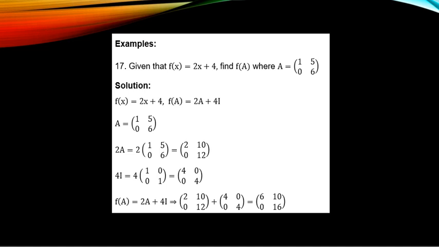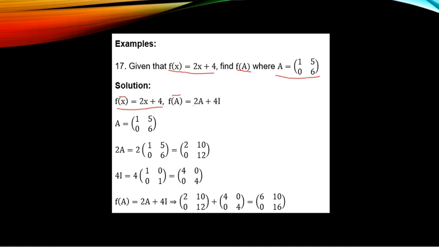Example 17. Given that f of s is equal to 2s plus 4, so this is a polynomial of degree 1, a linear function. Find f of A where A is equal to this matrix. So this is f of s now, but you are asked to find f of A. It simply means replace s by A in the polynomial.